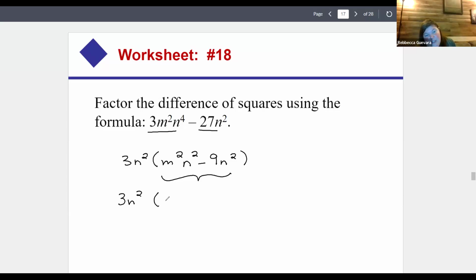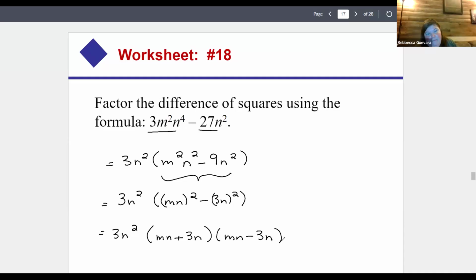But we know this is just m squared minus, well, that's just 3 squared, because 9 is 3 squared. Now we have a difference of squares. So we have m, and then the other square is the 3.